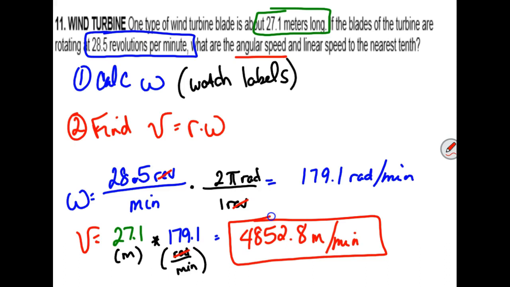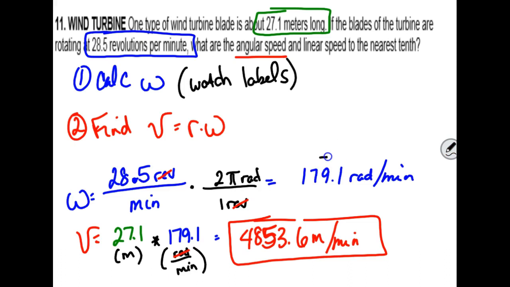Oh, the decimal part? Who knows what I did? Oh, did you truncate this to 179.1 or did you keep the full decimal? Maybe I didn't truncate at some point. I don't know what I did. All right, anyways, we're thinking this is 4853.6. We'll go with it. All right, so meters per minute is the label.